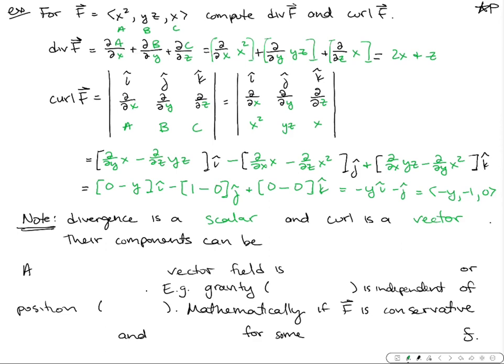Same as with dot product and cross product, because that's where they come from. And the only thing that's different about this from when we learned how to just take regular dot and cross products is that the components of the divergence and the curl can be functions of x, y, and z.